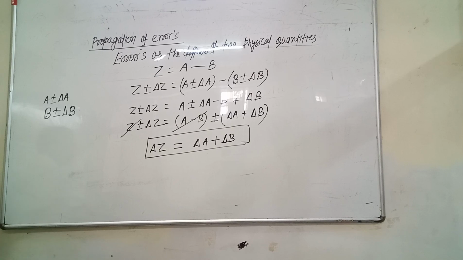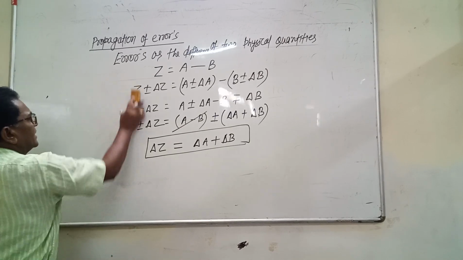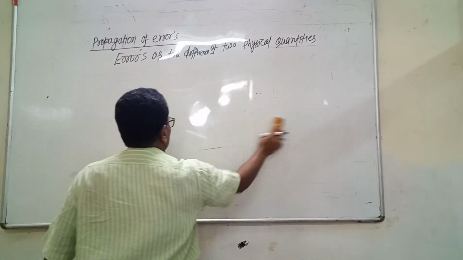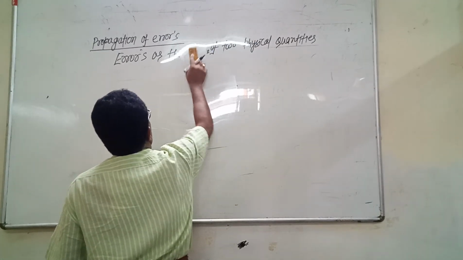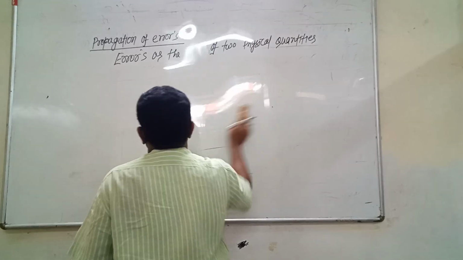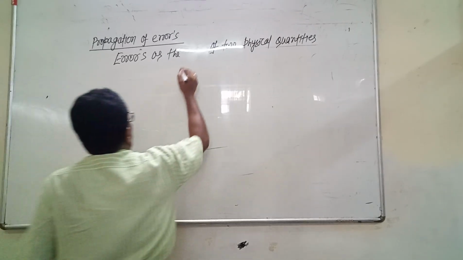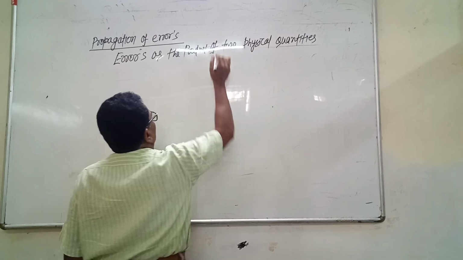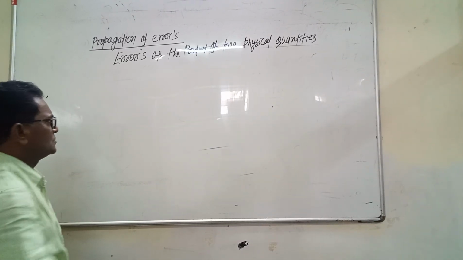Now next we will see errors as the product of two physical quantities.